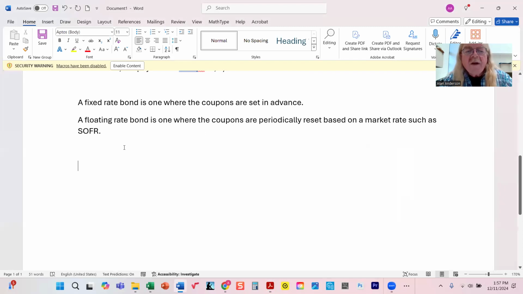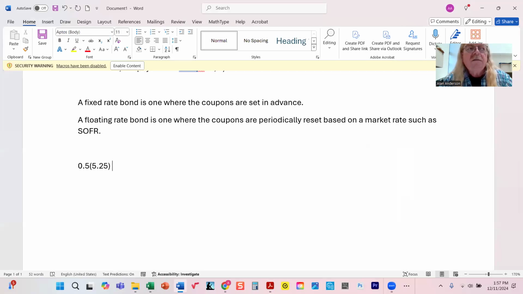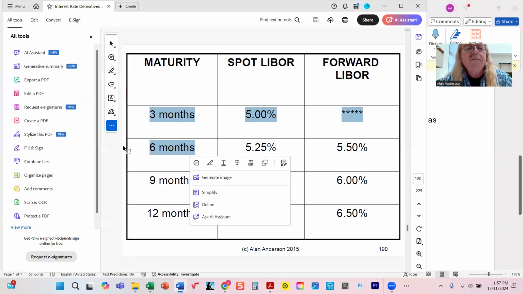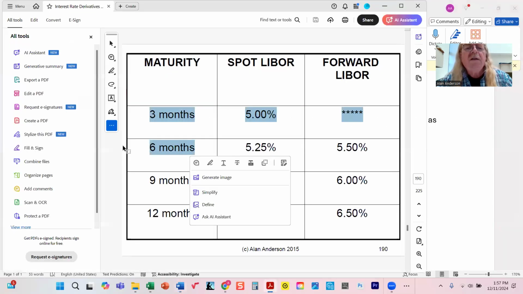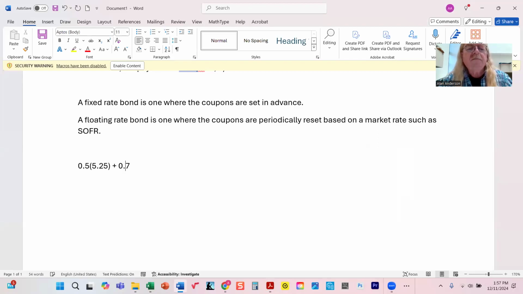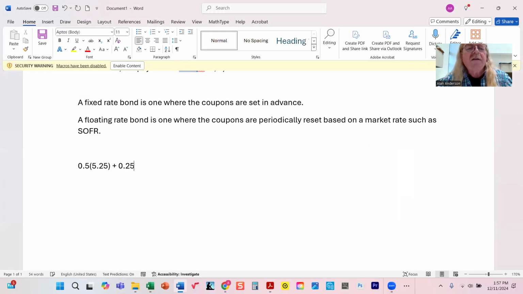So 0.5 plus, or minus rather. No, sorry, it's plus, yeah, because it's an average. Oh wait, sorry, that one's 2.5. All that would be divided by.